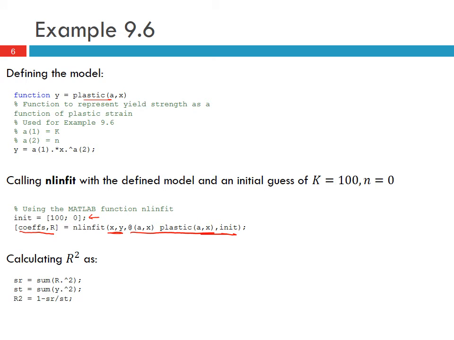And then I can calculate the R squared using this output r. So r gives me the residuals, and I want to take the sum of the squared residuals to find my residual sum of squares, and then the sum of y squared is the denominator in my expression, and then R squared is just equal to 1 minus Sr over St.